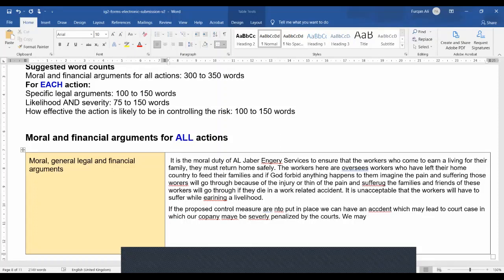We may be fined or imprisoned, or we may suffer both.